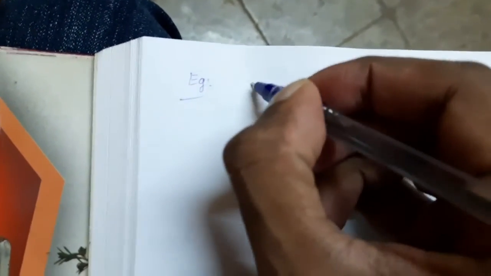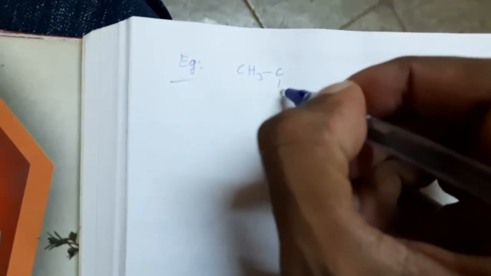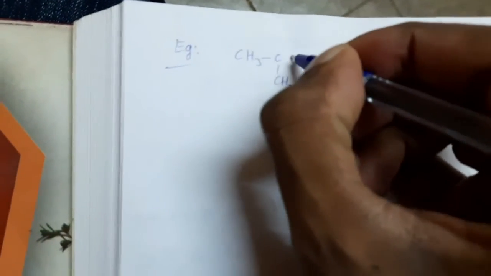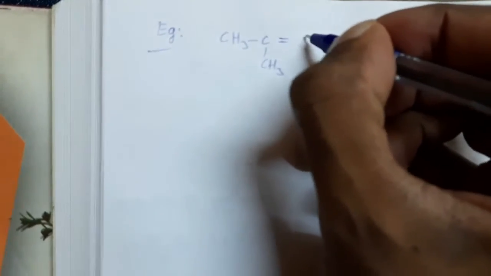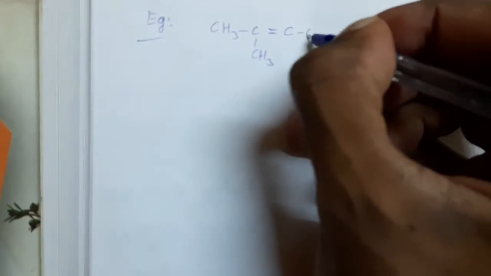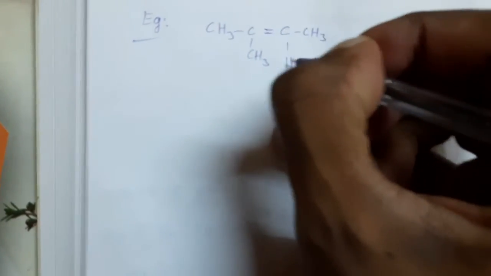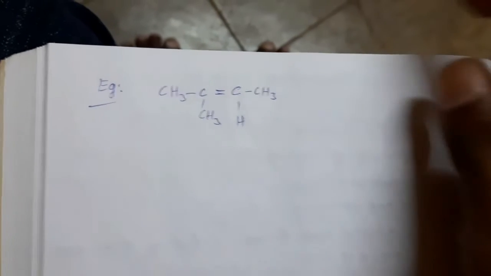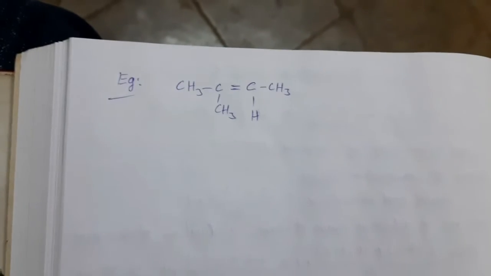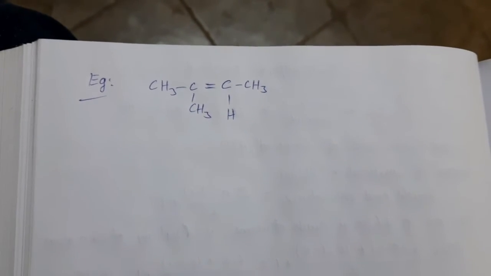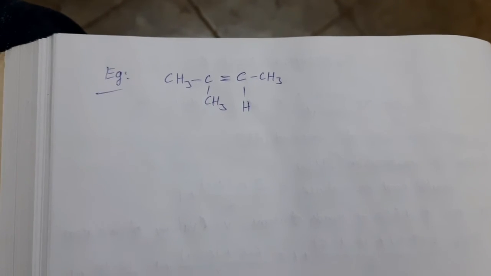Now, see the examples for this ozonolysis. Example, CH3, CH3, double bond, this one. What is the name of this compound? 3-methyl-butadiene.